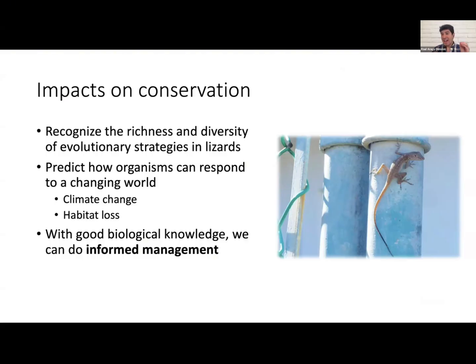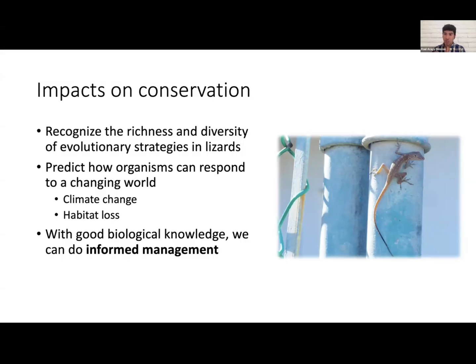They have a lot of evolutionary potential, and they have done a lot of cool things throughout their evolutionary story. That is wonderful, and I think it's very important that we learn and appreciate how unique their evolutionary patterns are. And understanding these also helps us to predict how they can respond to a changing world.